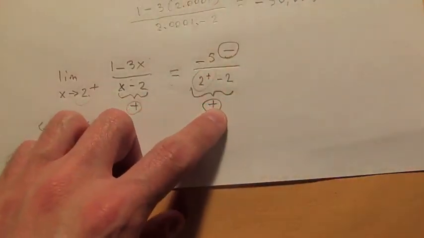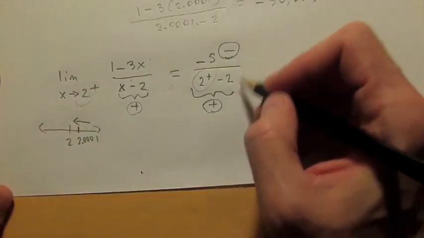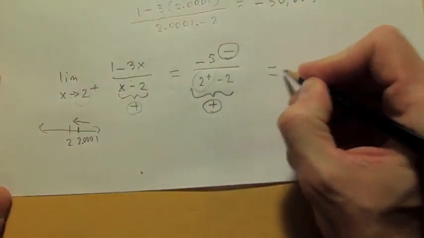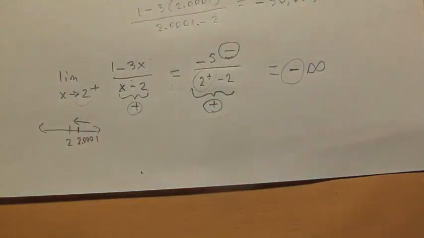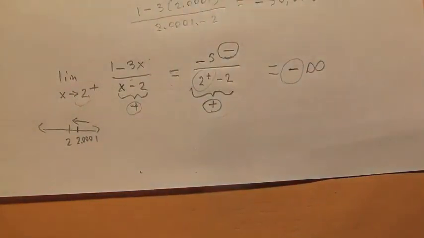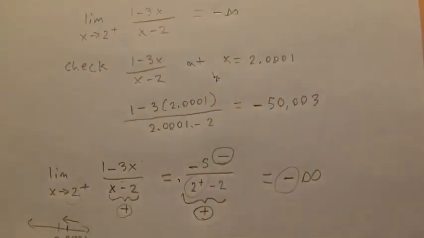This piece down here is positive, meaning that the whole thing is negative, a negative over a positive. So those are the two different ways you can actually do this. Either checking or picking, or using logic and deciding where your positives and negatives are. Okay.